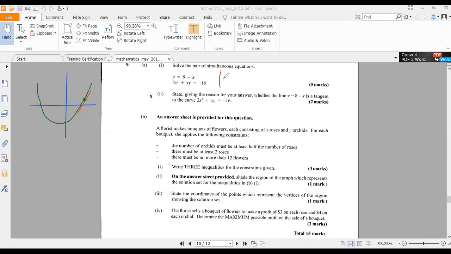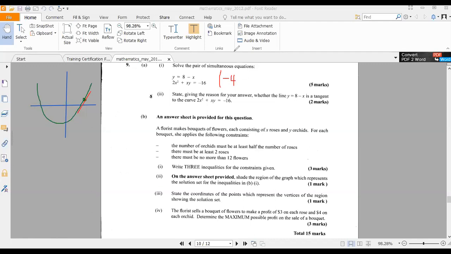Yeah, 12. I know that. The x1 and x2 you're talking about, sir? Yes, what is the value of x1 and x2? Negative 4. Negative 4 and what? I want to find the answer for the entire question.